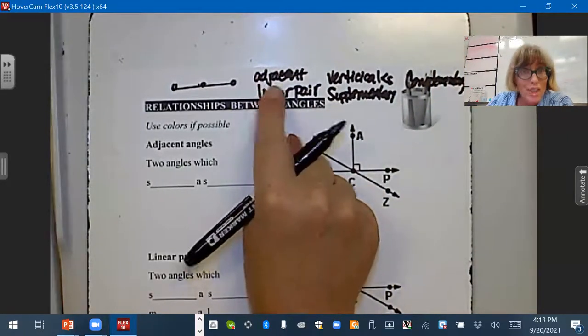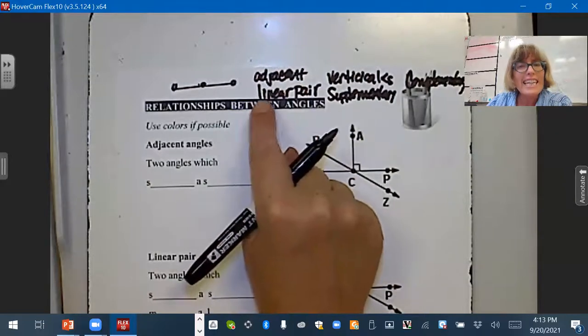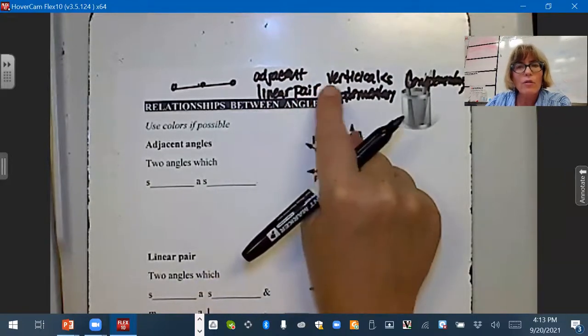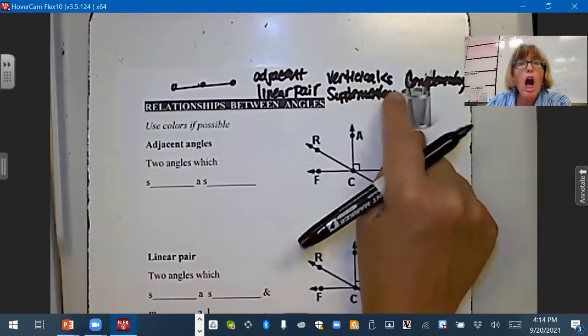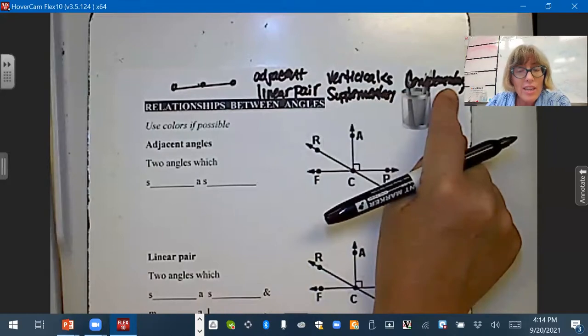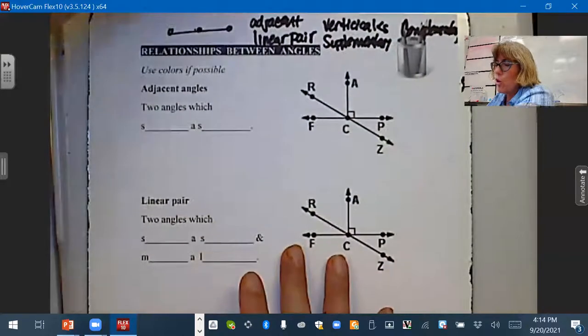Okay, this word is adjacent, linear pair, vertical angles, supplementary, complementary. These 5 vocabulary words are very, very critical for this particular lesson. Let's go over what they mean.